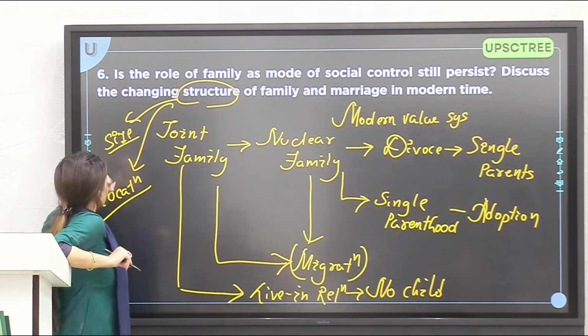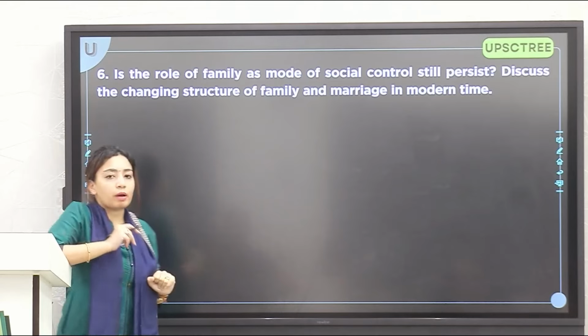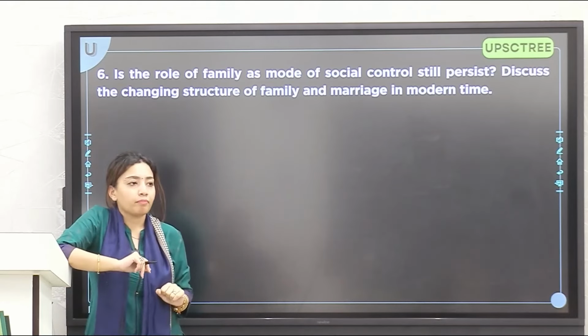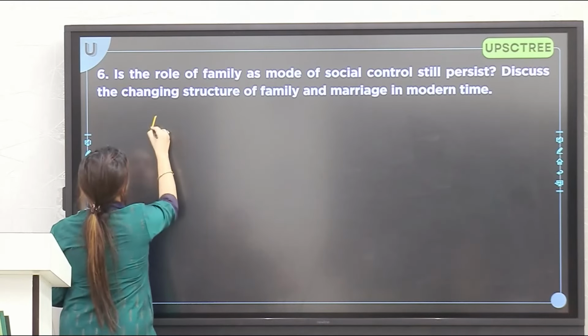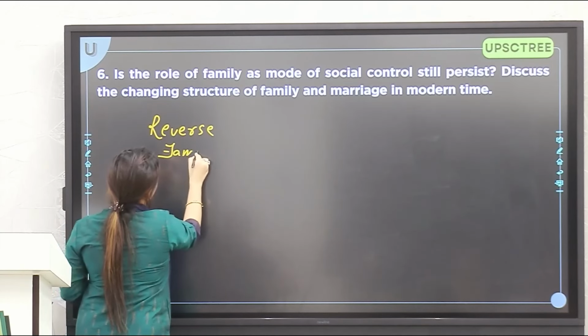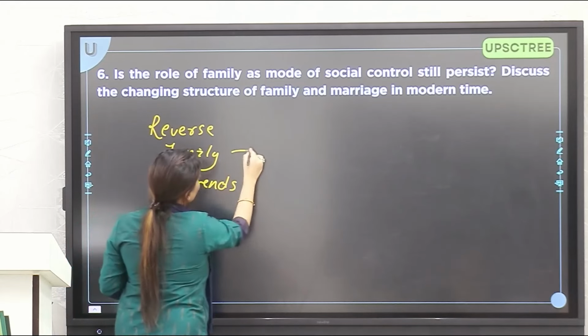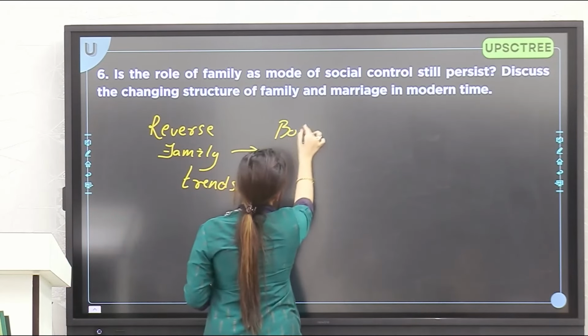And there is also reverse nuclear family happening. How? Reverse family trends are also happening. How? Both the parents are working.